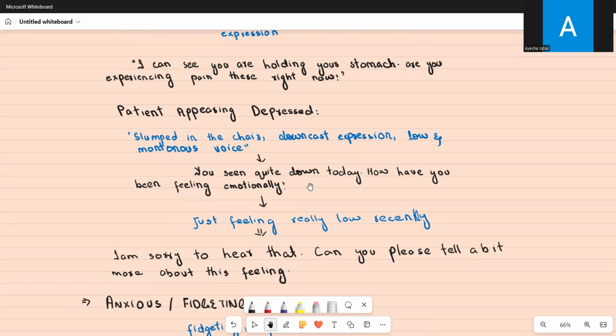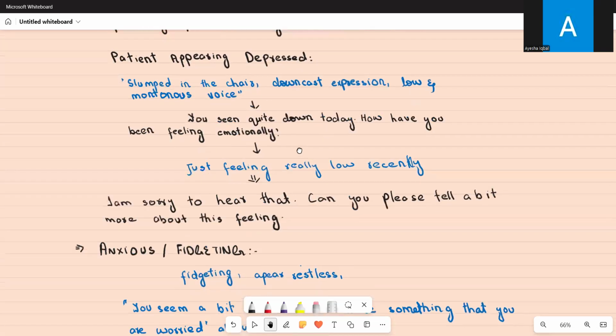Okay. So if they tell you just feeling really low recently, you can sympathize with them. I'm sorry to hear that. Can you please tell me a bit more about this feeling? So you can see that we are constantly telling them that I'm seeing you, I'm hearing you, I am validating your emotion, and I'm exploring further your emotion, or your concern, to see how I can help you.